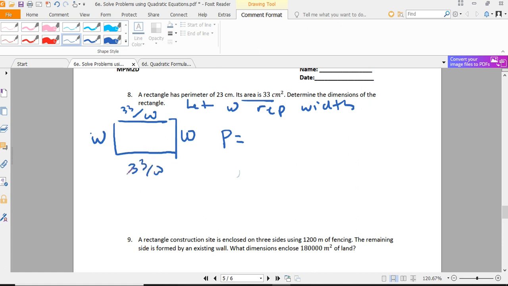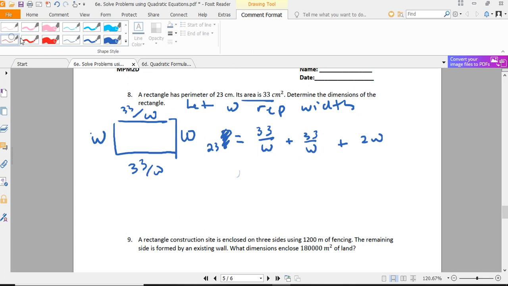Add these up. So I will get 33 over W plus 33 over W plus 2W, because there's two of them there. And I know the perimeter is 23. Now you're probably wondering, but I have W's at the bottom. Well, what can I do?